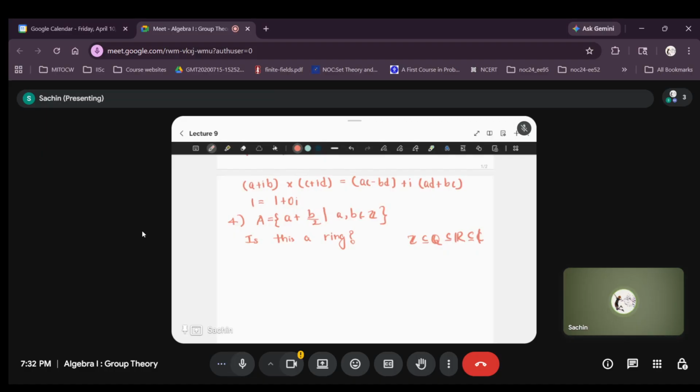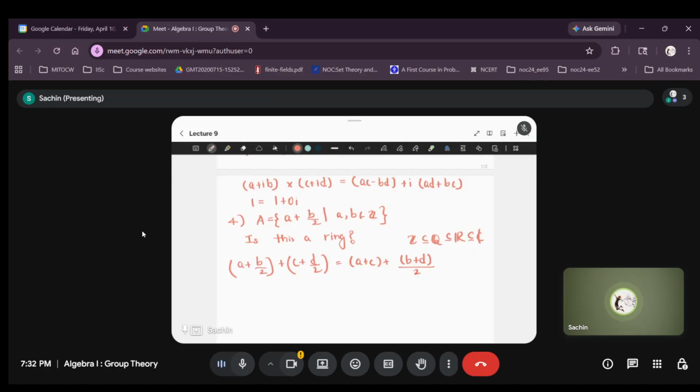When you're checking, you have to check whether (A plus B by 2) added to another (C plus D by 2) is of the form A plus B by 2 for A and B integers. So if one number is A plus B by 2, where A and B are integers, and another is C plus D by 2, where C and D are integers, then you can write the sum as (A plus C) plus (B plus D) by 2, where A plus C is an integer and B plus D is an integer.